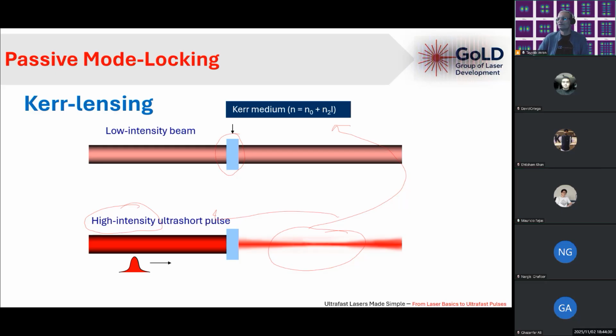Okay, Ihtisham. Sir, I have a question. Can we say that in the case of passive mode locking we are only doing amplitude modulation, while in the case of electro-optic modulation we were doing frequency modulation also?